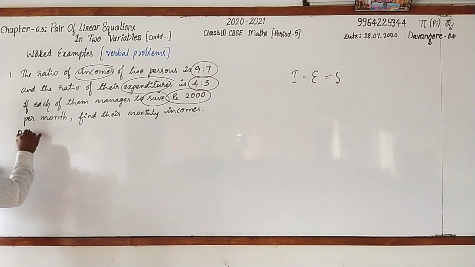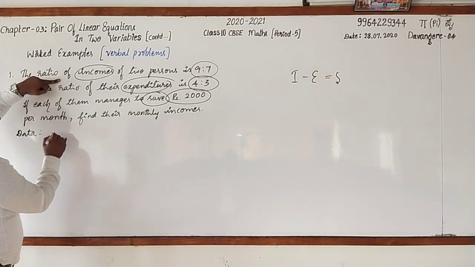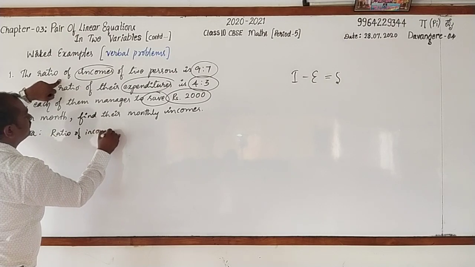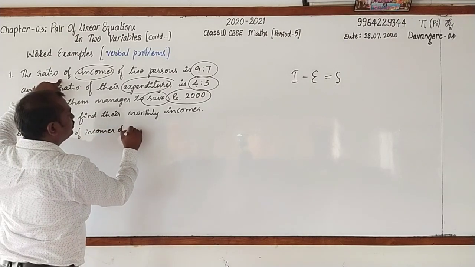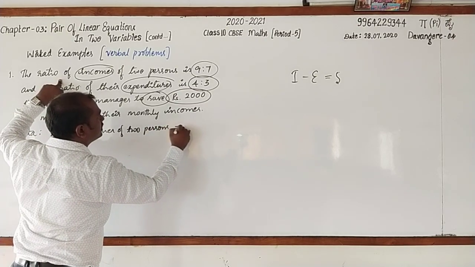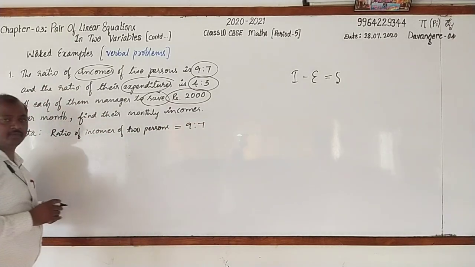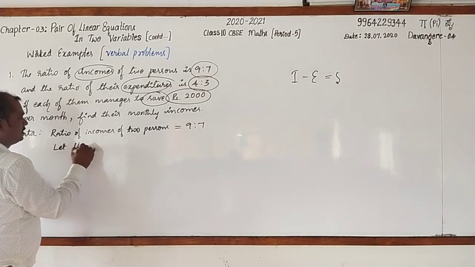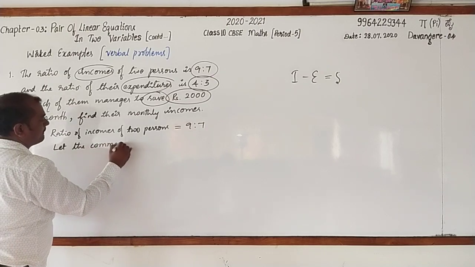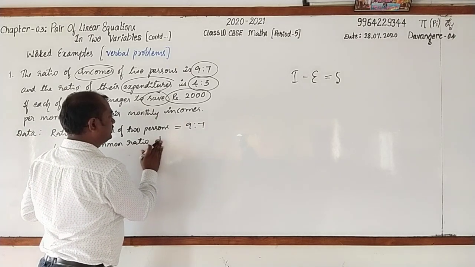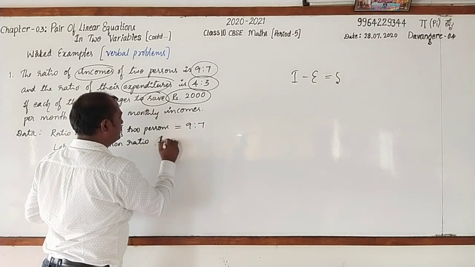And using that concept, let us go for solving this statement. First, we shall go for converting the given statement into equation. It has been given that the ratio of incomes of two persons is 9:7. Then let us go for assuming the common ratio. Let the common ratio be x.